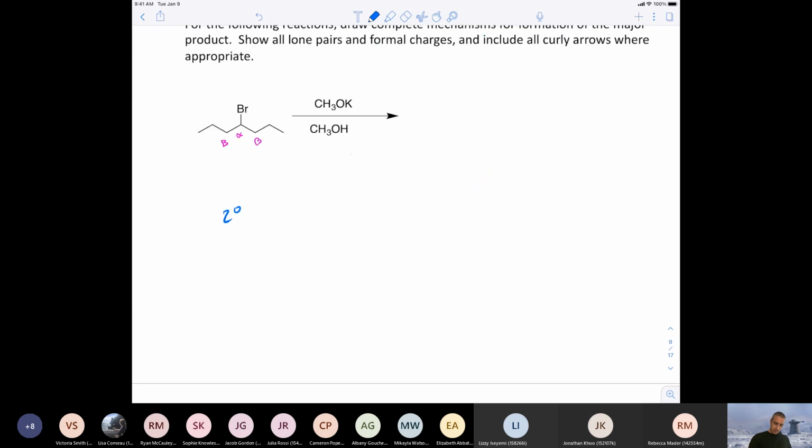Great. So let's draw this out. I'm going to erase those. We're going to take one of our beta carbons and draw the hydrogens in. Do it on the other side too if you like. And E2 involves removing a beta hydrogen and losing the leaving group all in one step. So we're going to use OCH3 minus. This is going to be our base, our alkoxide. It's going to remove a beta hydrogen. The CH bond makes our double bond, and bromide goes away.